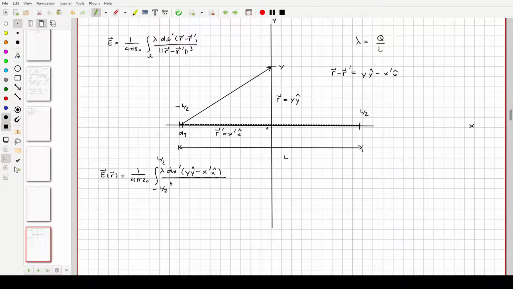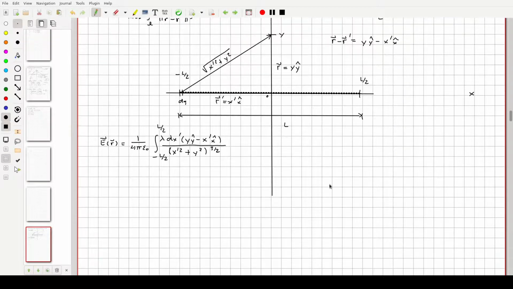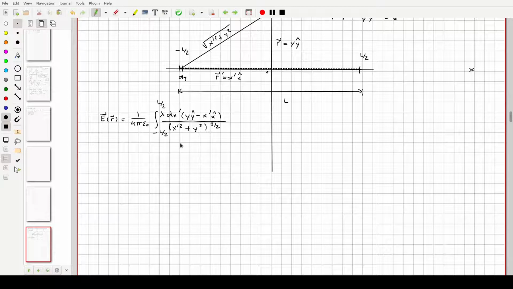In the denominator, just to remind you, this right here is the square root of x prime squared plus y squared, just like the other one. Same thing here, raised to the 3/2 power. Okay, so this is the integral that we're going to end up wanting to do.